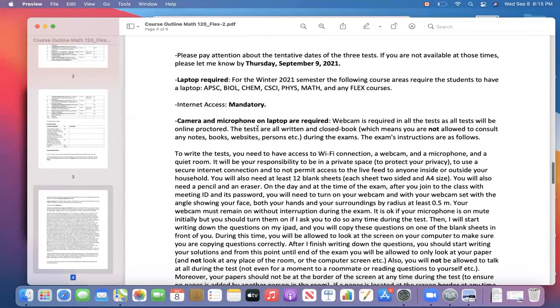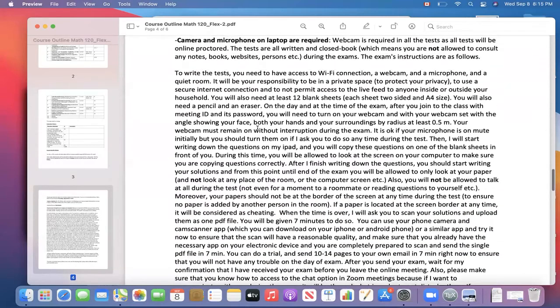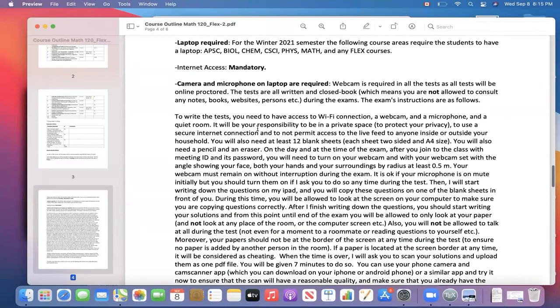For the tests, I wrote the instructions here, so it's important that you go over the instructions carefully. The idea is that all the tests will be closed book. The way we conduct them is that I'm going to read the questions out loud for you, which usually takes around 10-15 minutes.